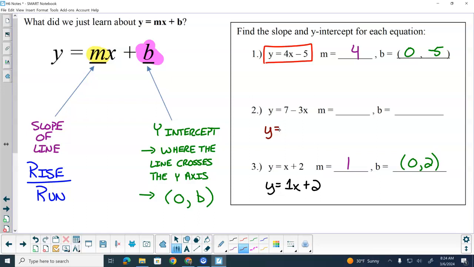So what would this be in y equals mx plus b form? -3x or positive 3x? -3x plus 7. With that being the case, what is the slope? -3 is the slope. What is my y-intercept point? (0, 7). Good job.